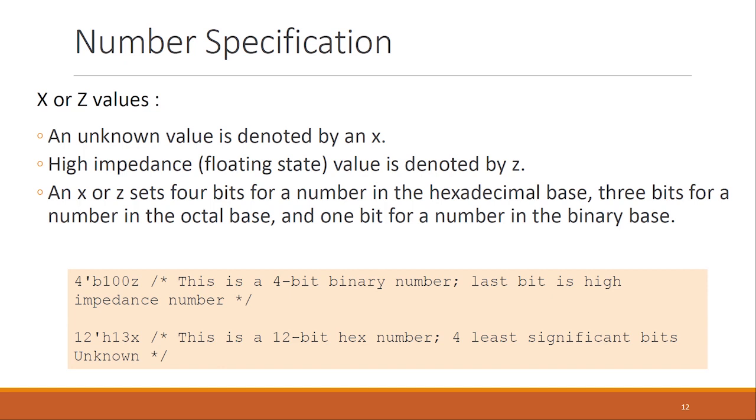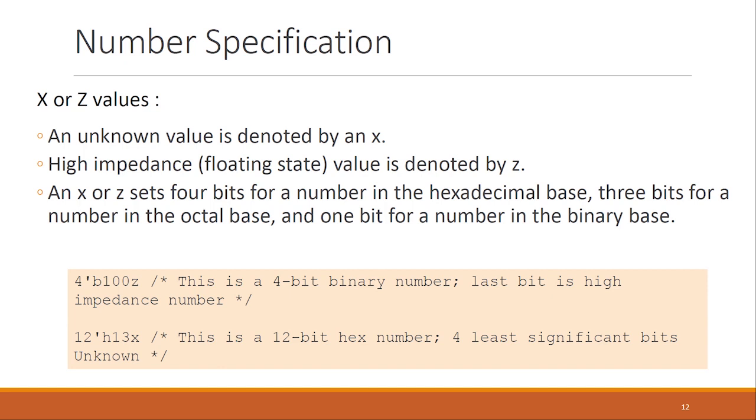Also, there's a method to represent high impedance values in Verilog. That is, we use this Z. Verilog uses Z to represent the high impedance state. The high impedance state is actually the floating state.